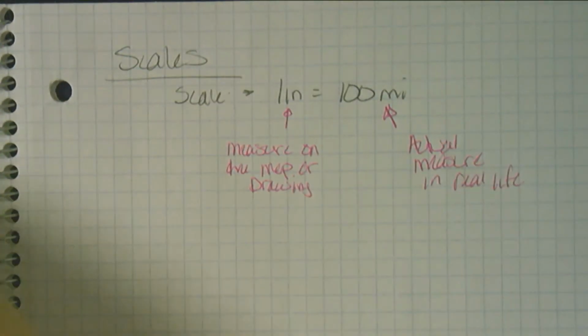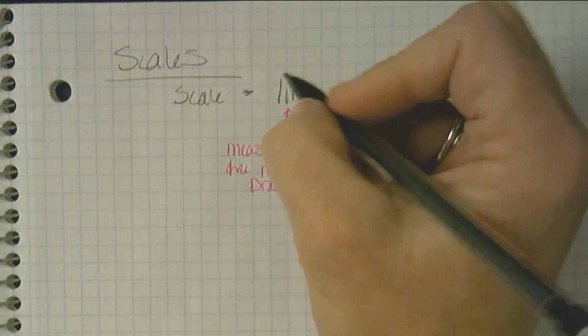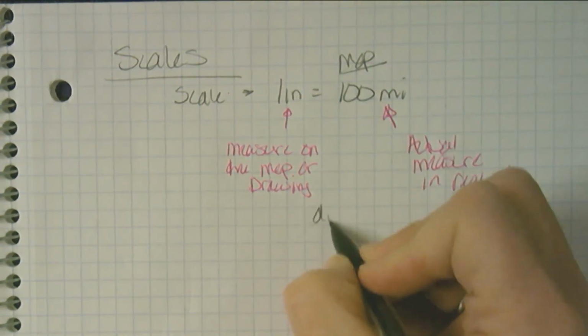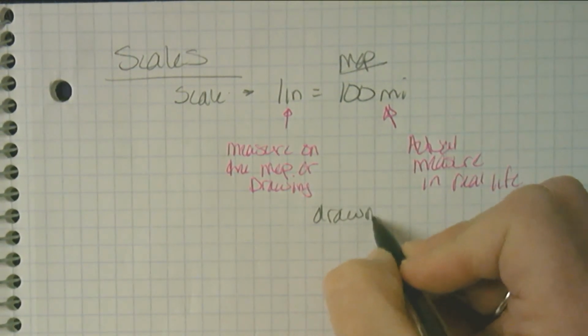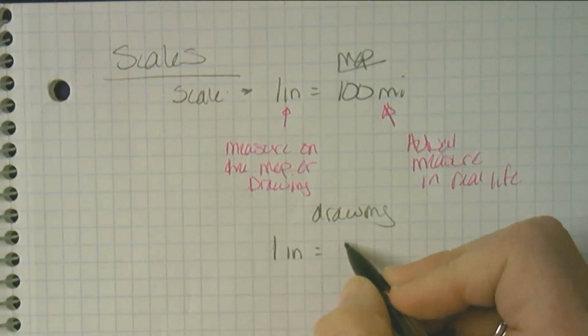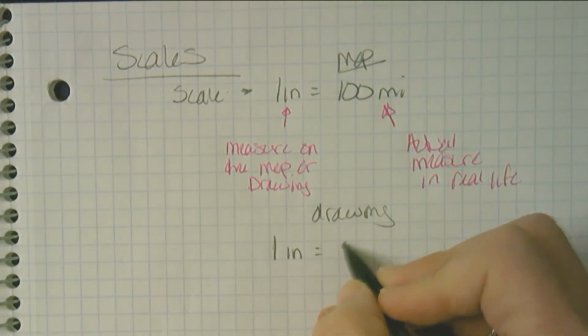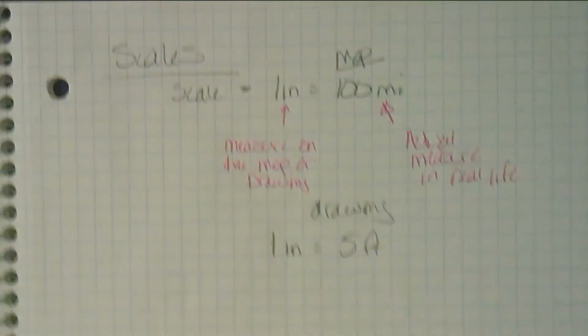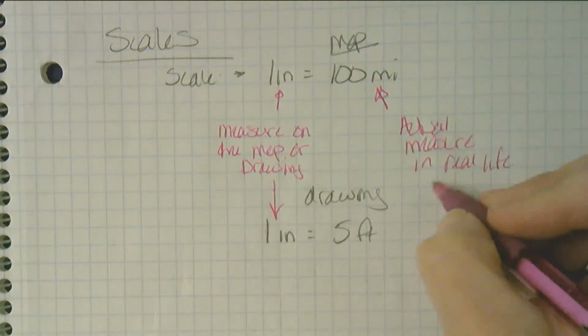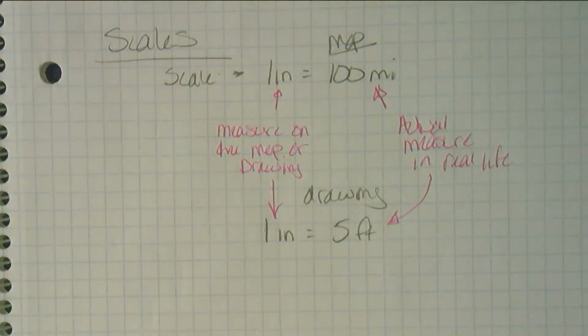All right, if I had something from a drawing, it might be like 1 inch is equal to 5 feet. Here is my drawing measure. Here is my actual measure.